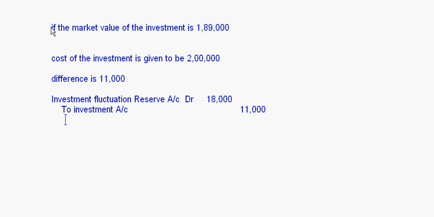Now that 7,000 will be distributed in the ratio of 5:3:2. 7,000 is the amount that is left after adjusting the difference, right? So 7,000 will be adjusted here.